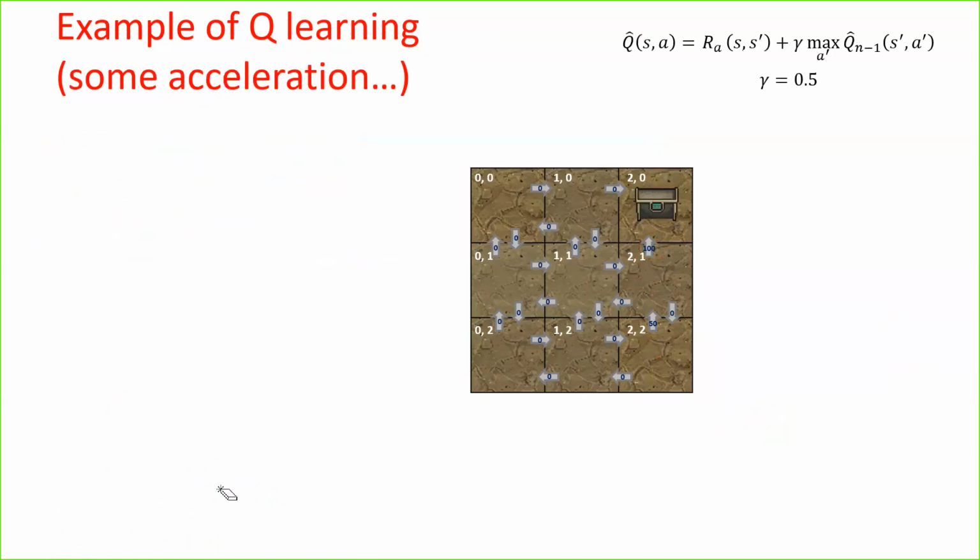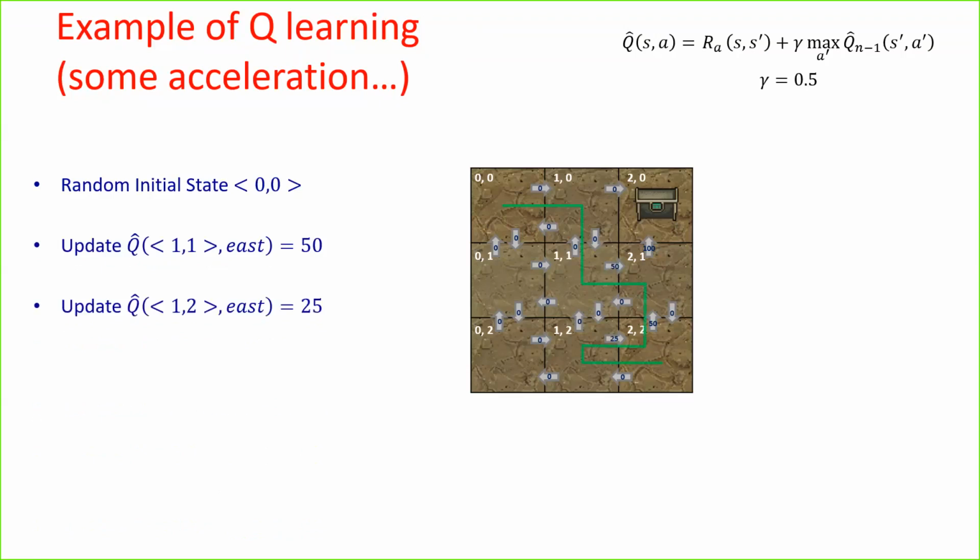So let's say after some iterations, a random initial state is 0, 0. When it is at 0, 0, let the sequence of random actions that he is taking be the one indicated with a green colored line in the figure. When he is traveling, taking the random actions and moving along this path, we make some updations.